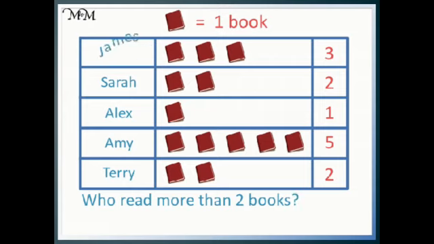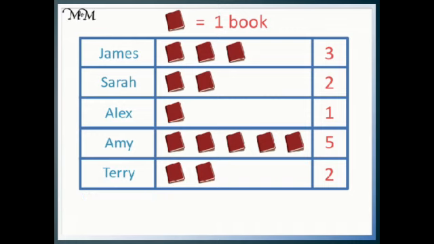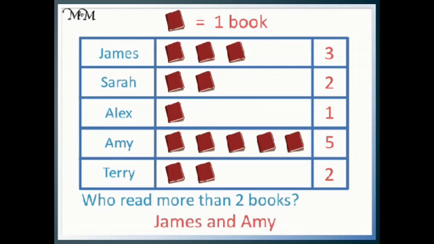So who read more than 2 books? Yes, James and Amy have read more than 2 books, because 3 and 5. Understood? The rest have read only 2 and 1. So this is known as the pictograph. That is, through pictures we do the counting.